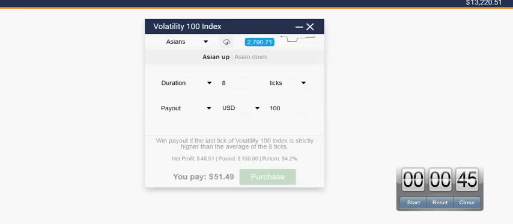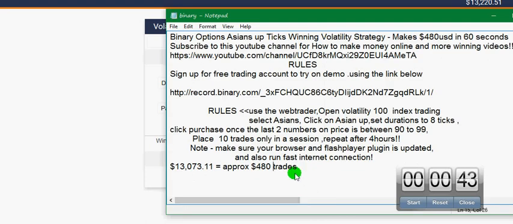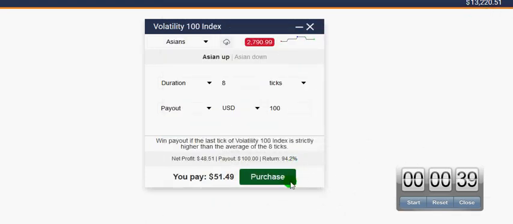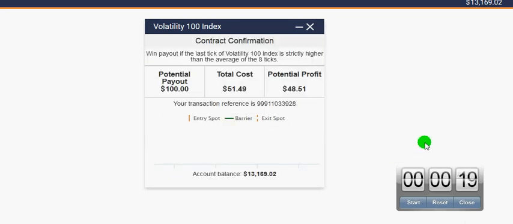We won the fifth trade as well, so I'm going to take the sixth trade. 99. Let me give it some time to change again. 96.